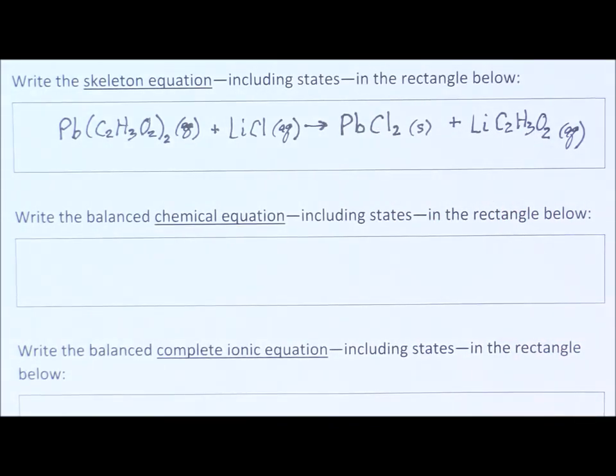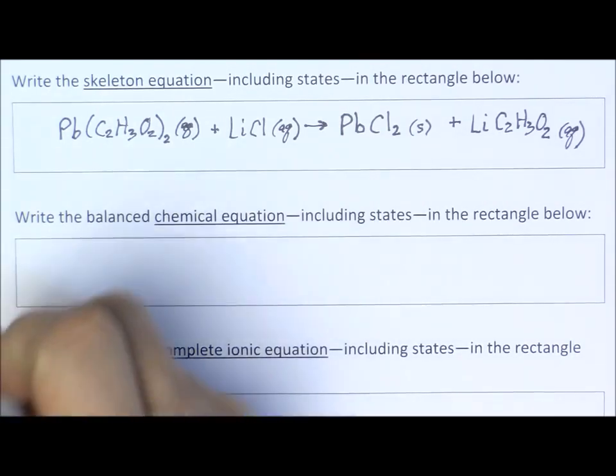The first step in writing a balanced chemical equation is to write the skeleton equation itself. So let me recopy our skeleton equation into the space below.